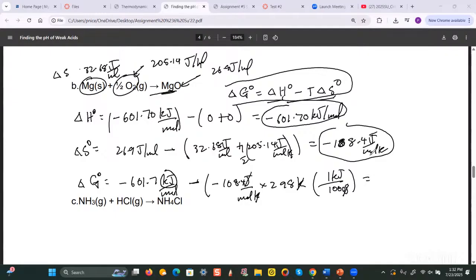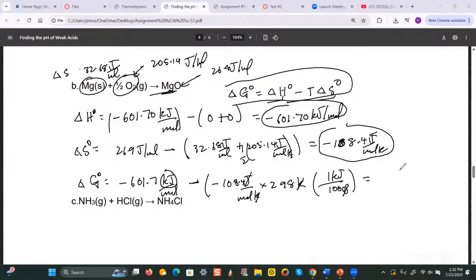Let's see what that gives. So I'm going to work out what's within the parentheses first. 108.4 times 298 divided by 1,000. And then I'm going to put a minus sign in front of that and then subtract it from minus 601.7, and let's see what that gives.